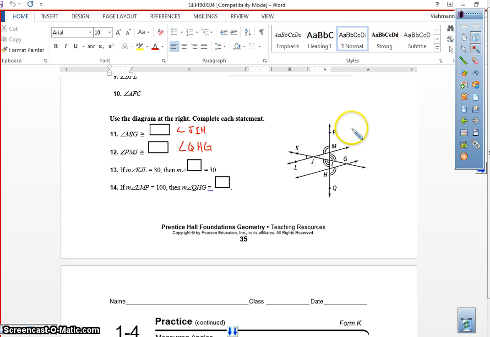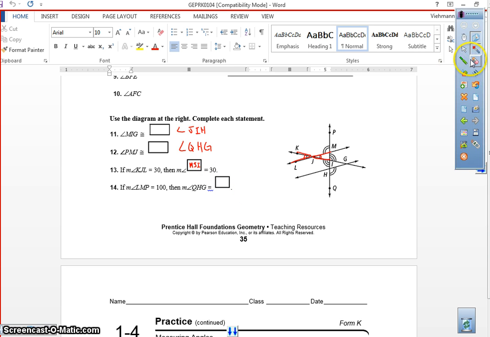All right, number 13. If the measure of angle KJL, right there, is 30 degrees. That has one little congruent mark, so we're looking for one congruent mark, which is right over here. Then angle MJI would also be 30 degrees.